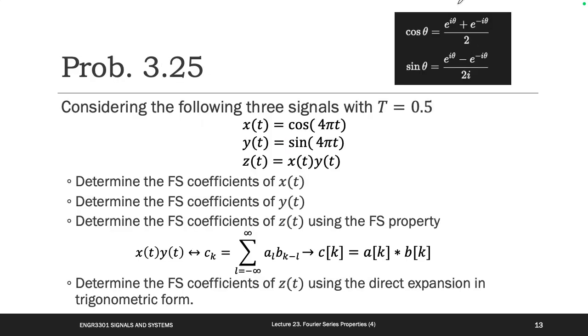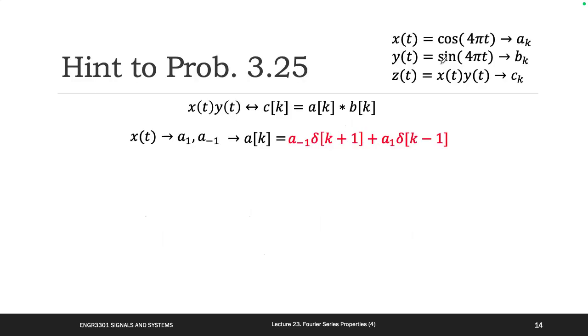You can see you only have two atoms, am I right? The two atoms don't include any constant value, which means a0 should equal 0, am I right? It only has a1 and a negative 1. And for bk, it's the same thing. It only has b1 and b negative 1, so you have this equation.